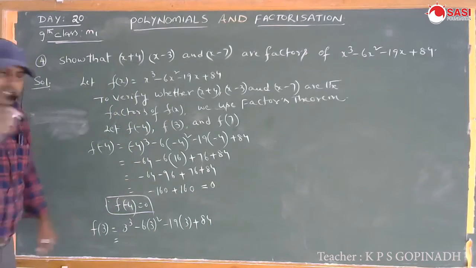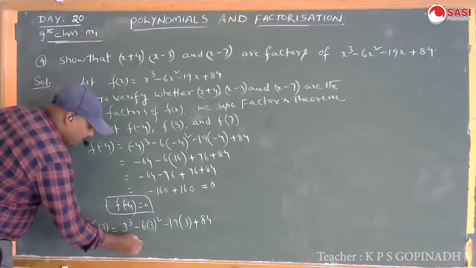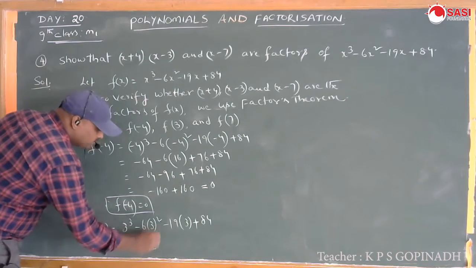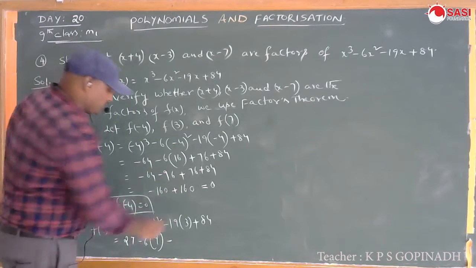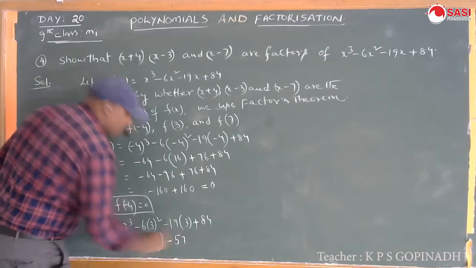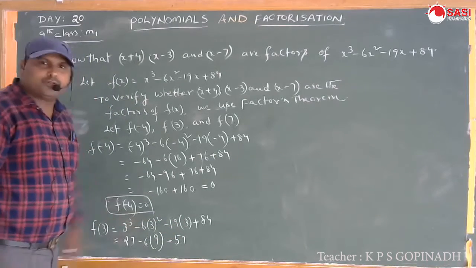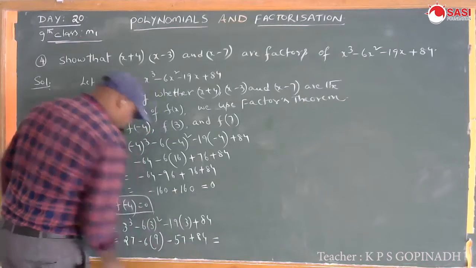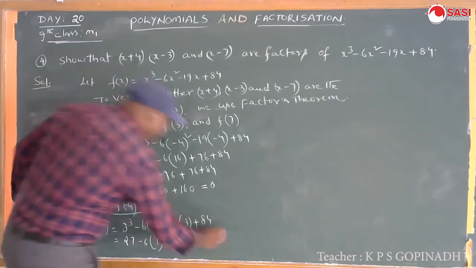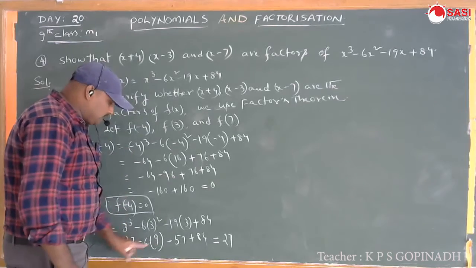3 cube means 3 3 is 9, 9 3 is 27. Its value 27 minus 6 into 3 square, 9, minus 19 3 is 57. 3 9 is 27, 2 remainder, 3 1 is 3 plus 2, 5. Plus 84. 6 9 is 54.